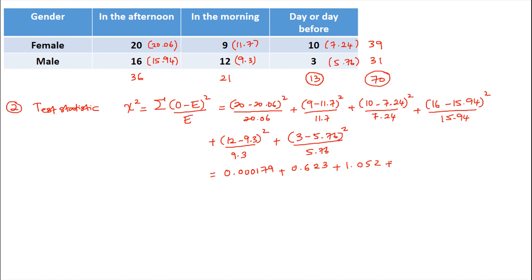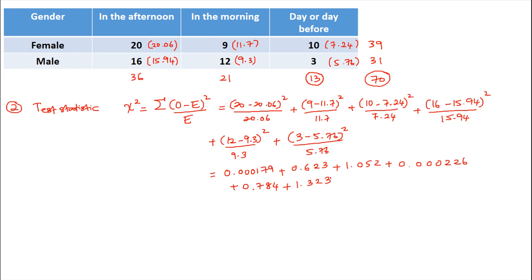Next is 16 minus 15.94 square, then divide by 15.94, so this is 0.0002226, and then plus 12 minus 9.3 square, divide by 9.3, so this is 0.784, and the last term 3 minus 5.76 square, divide by 5.76, so this is 1.323.